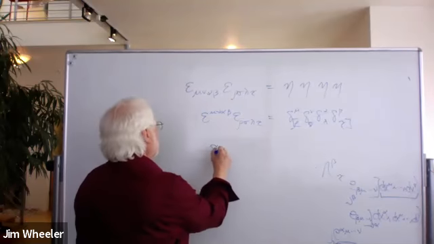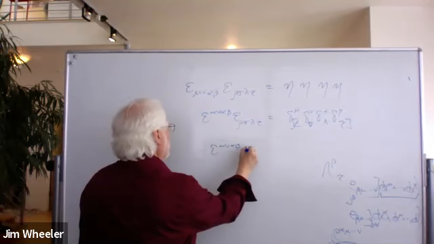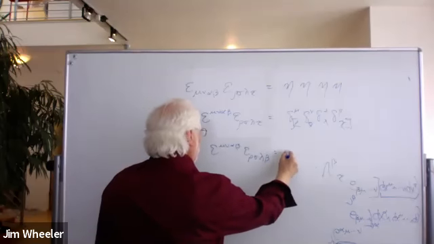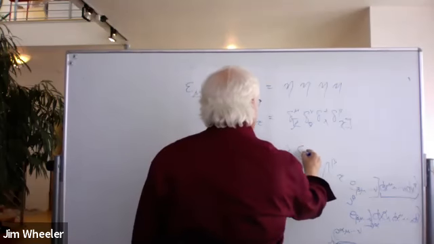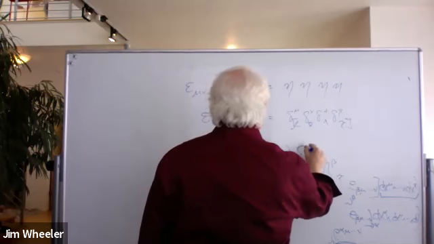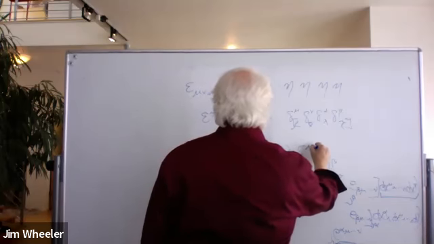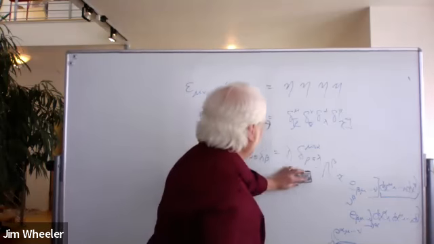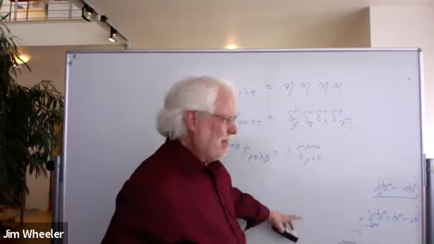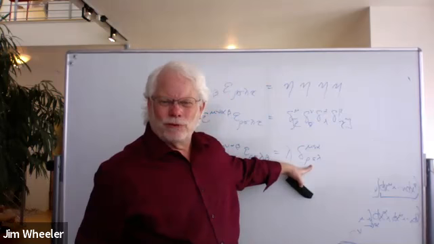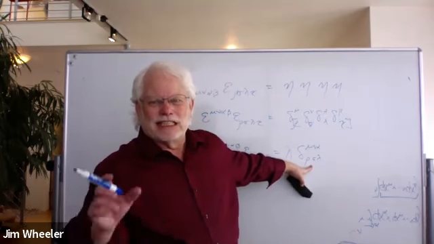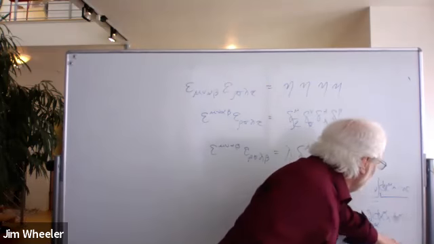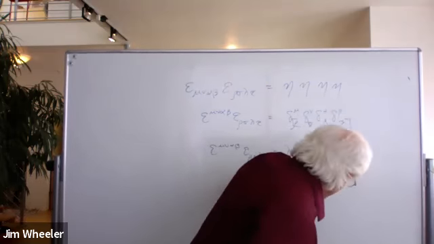So ε^{μναβ} ε_{ρσλβ} is proportional to 3 deltas anti-symmetrized, so μ ν α, ρ σ λ. Have you guys ever seen the multi-delta symbol? If you see a delta with multiple indices like this, it's the anti-symmetrized product of 3 deltas, 3 Kroneckers. You'll run into that once in a while.